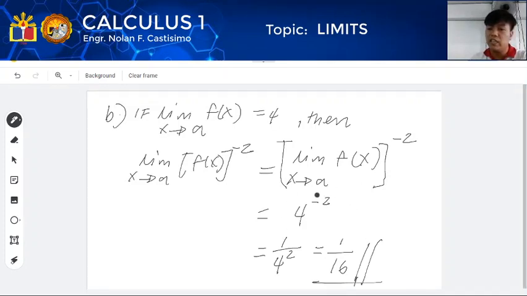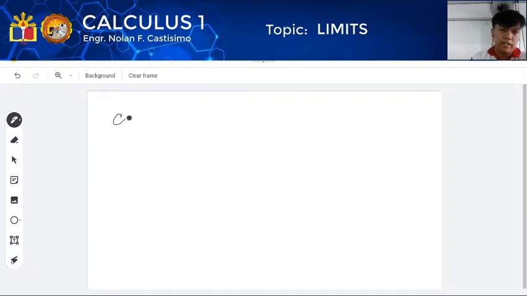Kasi kapag ganyan, of course, maku-curious ka. Maku-confuse ka, paano kaya natin yan makukuha? Kaya ginamitan natin siya ng ganito. Kumbaga, reciprocal niya. Next. Letter C. Last example for Theorem 6.